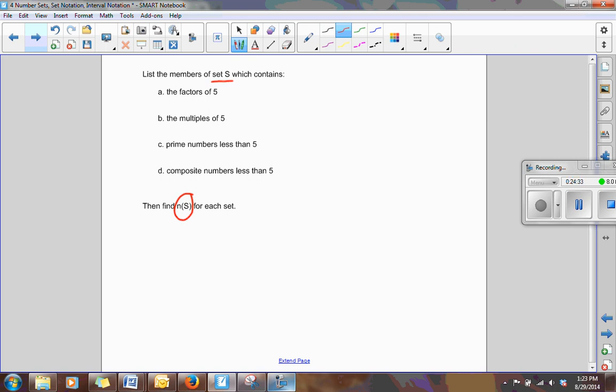So what numbers multiply to 5? That's 1 and 5. We're just going to use the positive integers. We're going to use natural numbers for this.